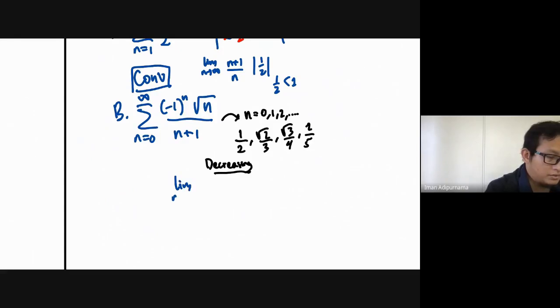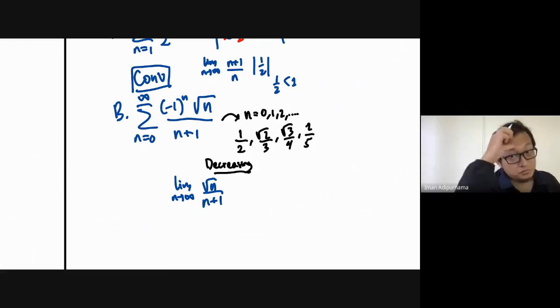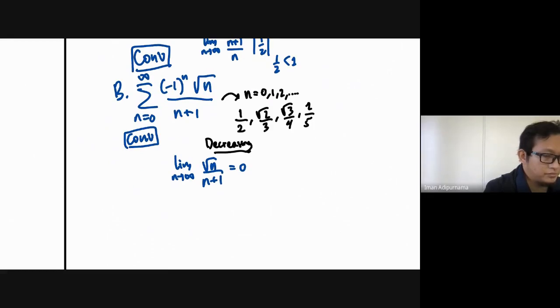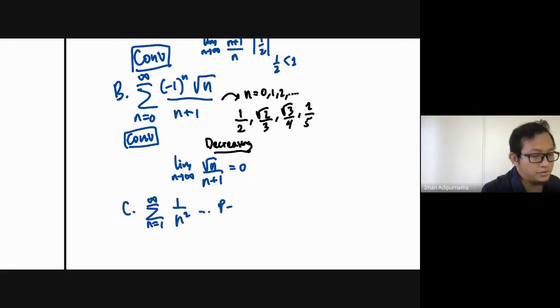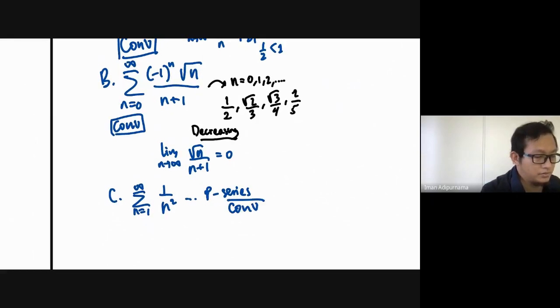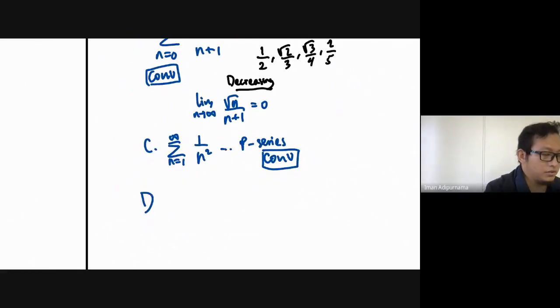And then its limit is equal 0, right? So it converges also. For C, this is a p-series, also converges. So probably D.